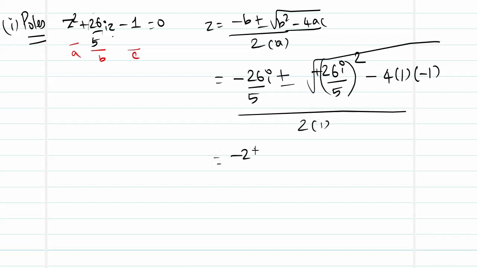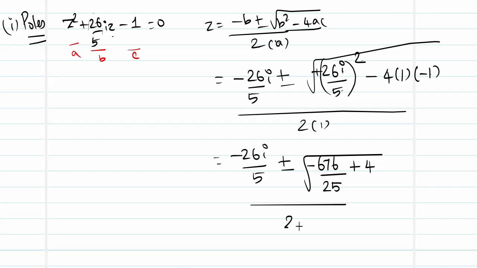So I have minus 26i divided by 5 plus or minus 26 square is going to be 676. i square makes it as minus 1. So minus 676 divided by 5 square makes it as 25. Minus of minus makes it as plus 4, the whole square root divided by 2.